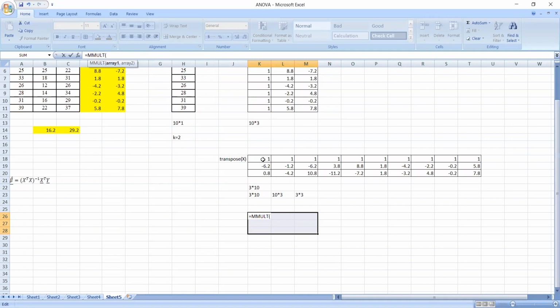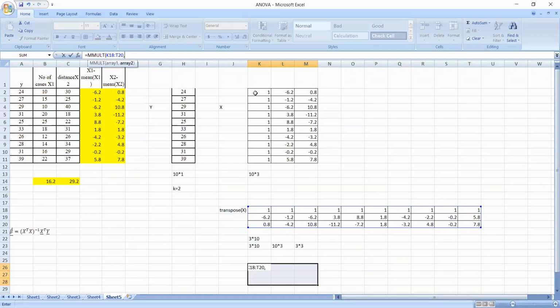The transpose matrix is the first one, I select that, comma, the second one is the matrix X. I select matrix X, close the brackets, and press Control Shift Enter.